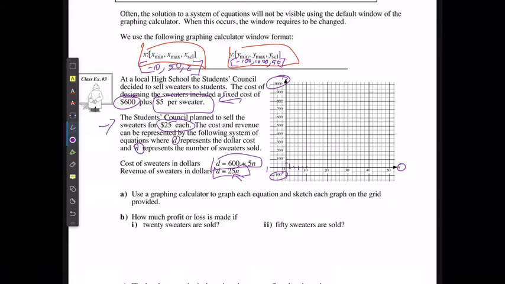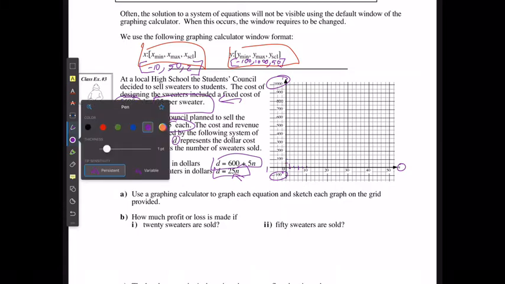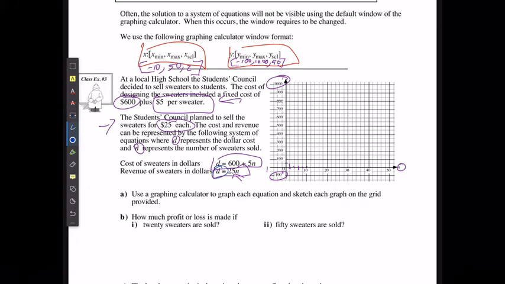And then they went ahead and we're going to graph out this information. So we're going to sketch it on the grid. We can use our table of values or any other information that we can find here. And then we will see that if we're doing this properly, we're going to wind up with our two equations. One equation should look something like this. And our other equation is going to start at that 600.